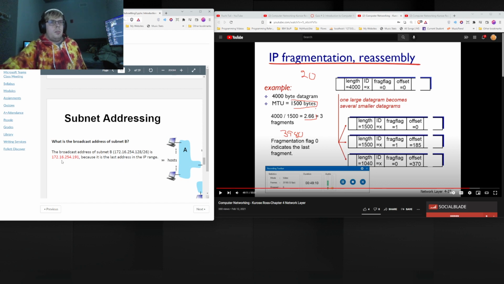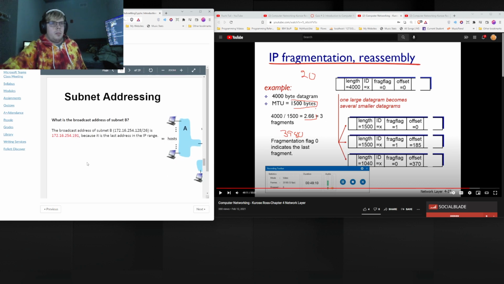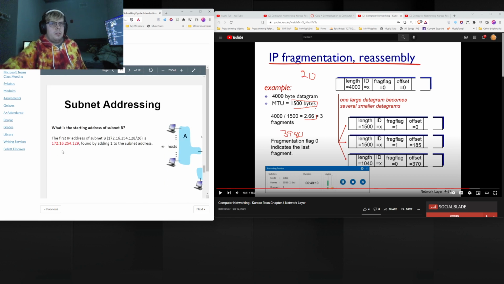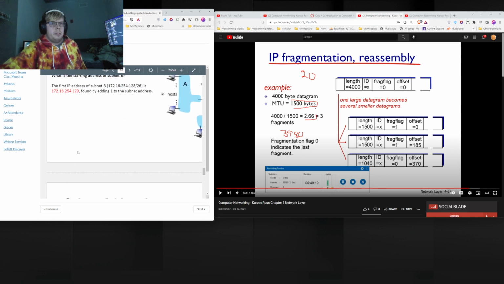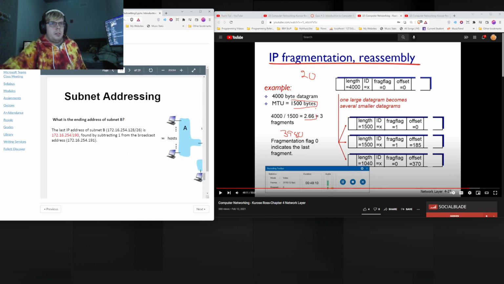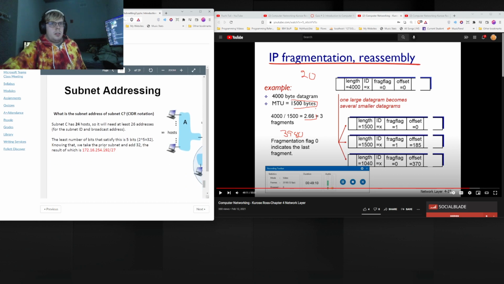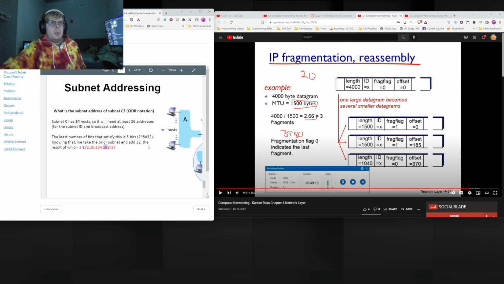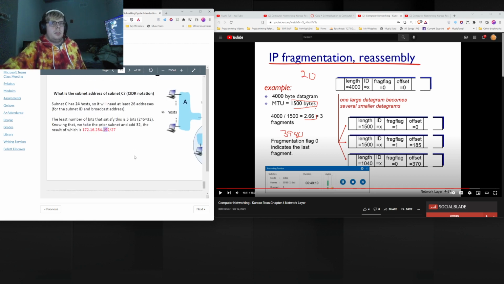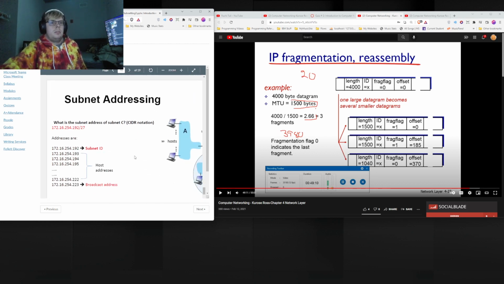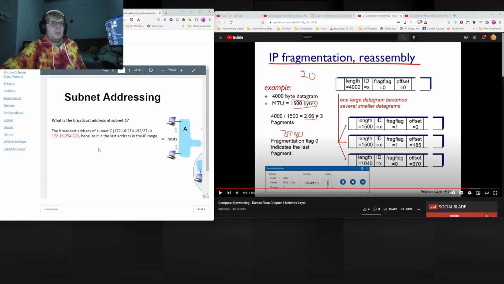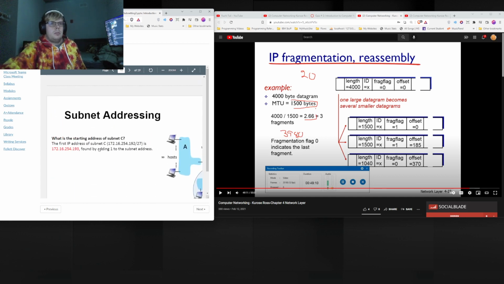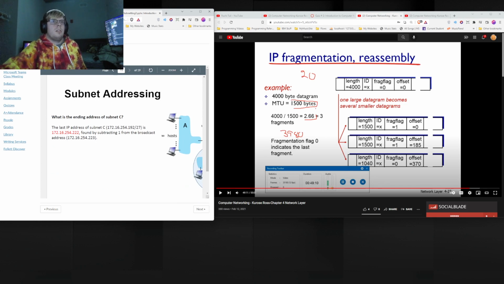So that means the subnet of C will be 192, right? What is the starting? The ending? Yeah, 192 and then 27, because 32 minus 5 is 27. This is all self-explanatory.